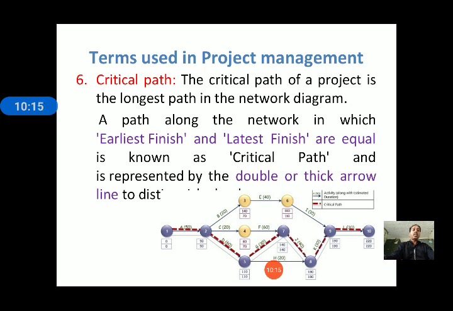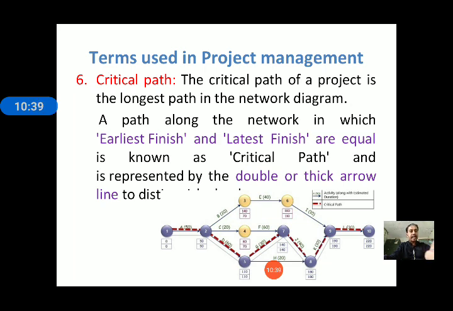Now, a path along the network in which earliest finish or earliest start and latest finish are equal is known as the critical path, and is represented by a double or thick arrow line in the network diagram.